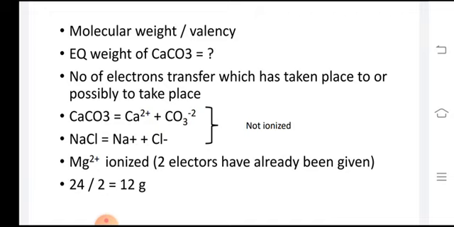Next to it we have chlorine, which has 17 electrons, and if you check the configuration, 2 electrons will be in the innermost, then 8 in the second circle, and then 7 in the outermost circle.